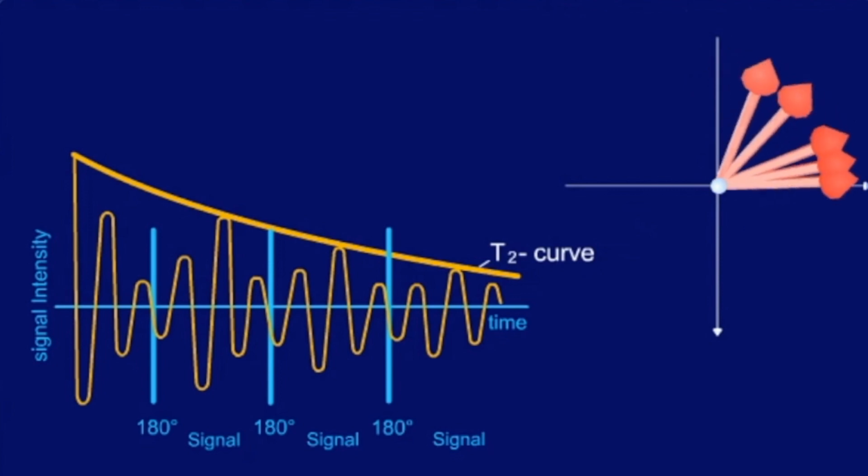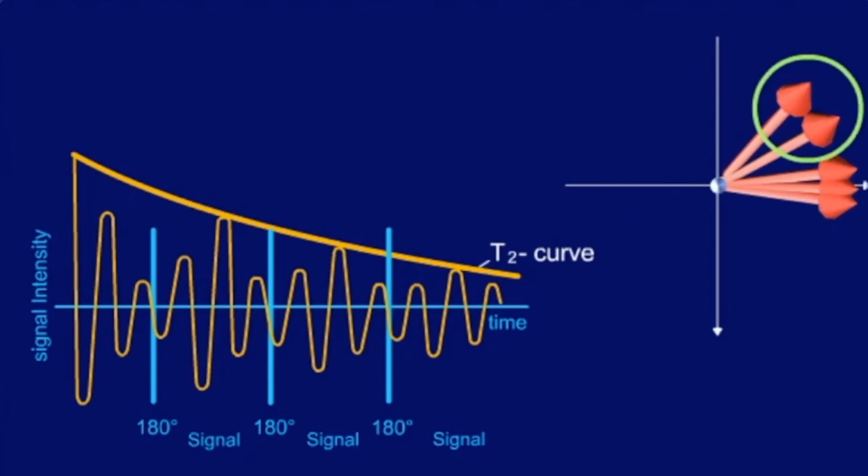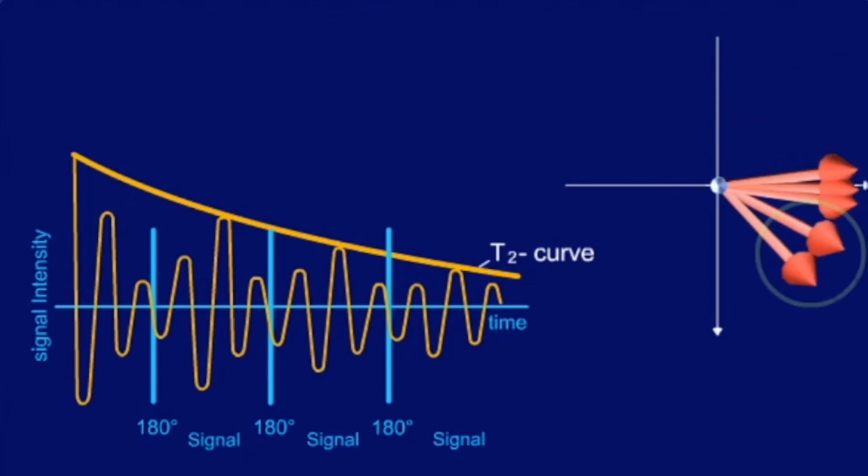So, some of the protons may still be behind, or in front of the majority of the protons that'll reach the starting line at the same time. So from echo to echo, the intensity of the signal goes down due to so-called T2 effects.